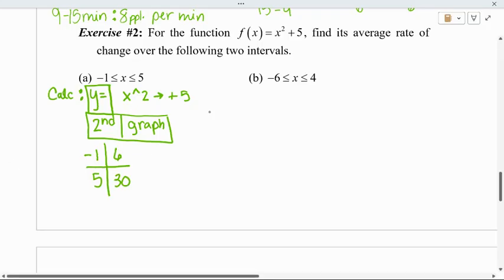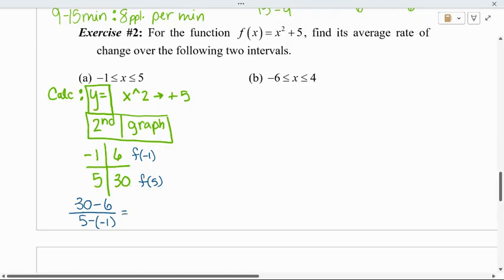So remember that this is f of 5, and this is the same thing as f of -1. So f of 5, 30, minus f of -1, 6, over the input, 5 minus -1.